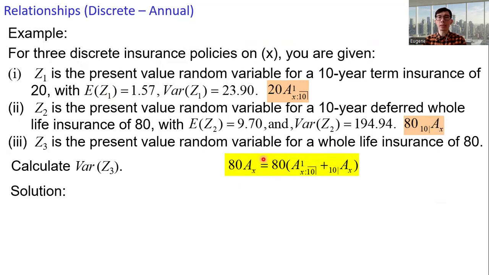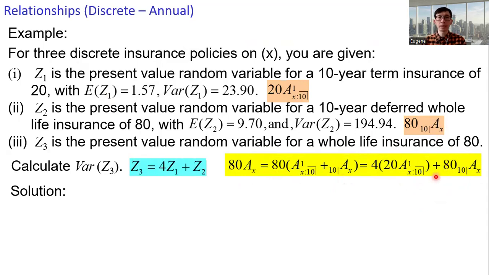Ax can be written as the sum of a 10-year term insurance plus the 10-year deferred insurance. And this can be further decomposed to this. We have the 20 times this big A notation, which is the first policy. And then the second term here is the second policy. Therefore, we can express Z3 as 4Z1 plus Z2.